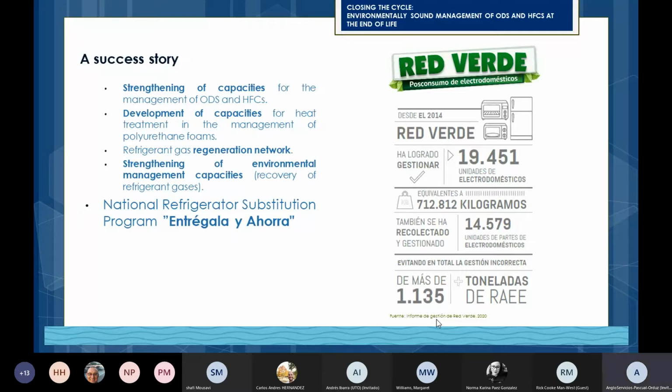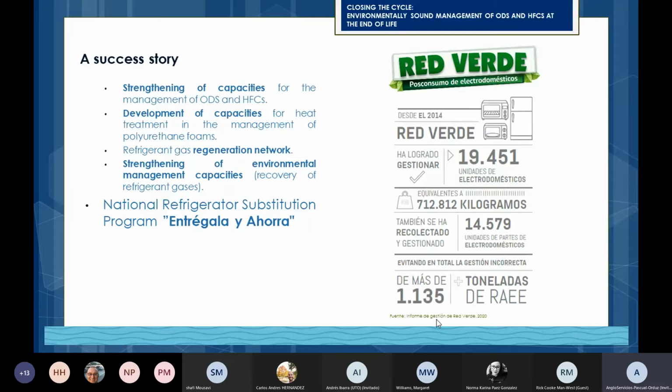Now, on the right-hand side, and speaking about the beginning of Red Verde, since it was created again in 2014, we've been able to manage a total of 19,451 devices. They are equivalent to 712 tons.